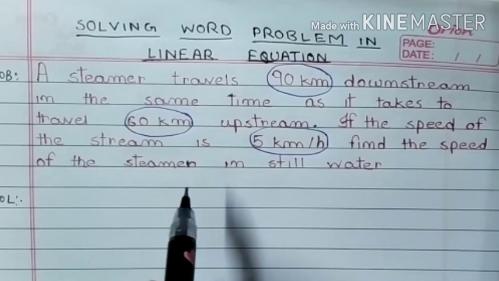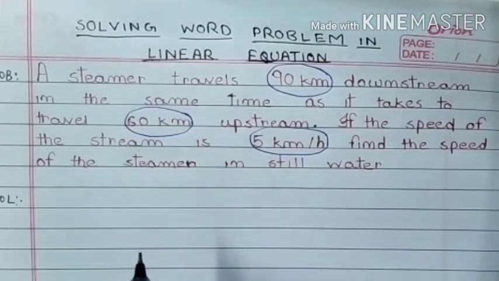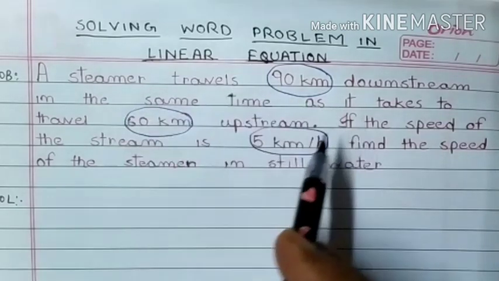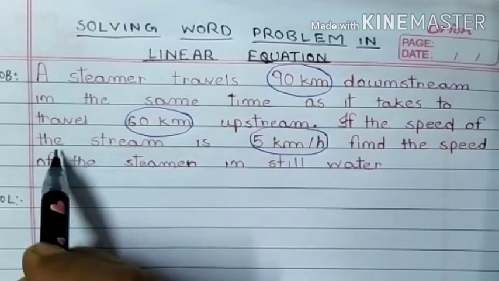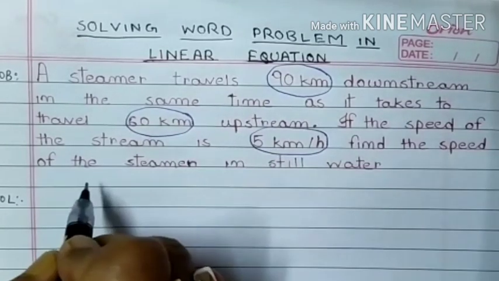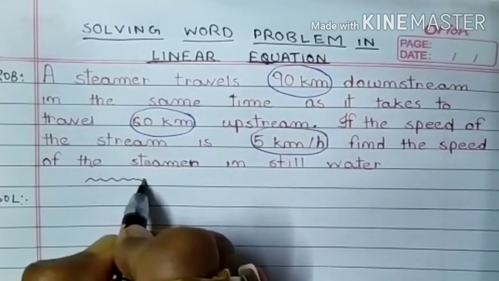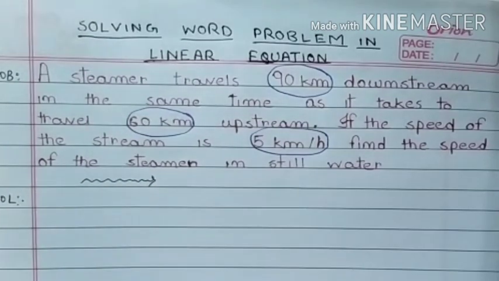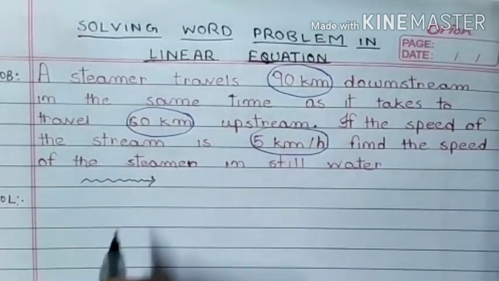Now before I discuss, let us understand first what is downstream and what is upstream. In this entire question, you will see the speed of the stream is 5 km per hour. Suppose this is a stream, and the stream is going in this direction.